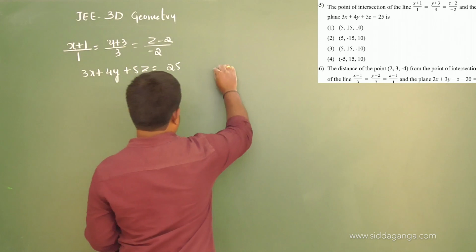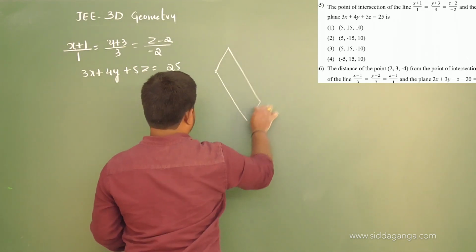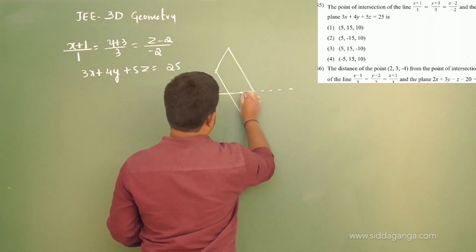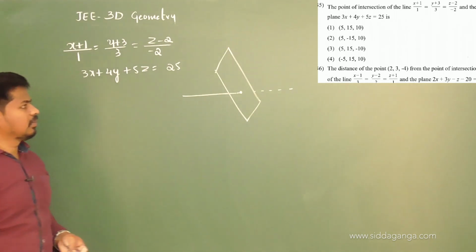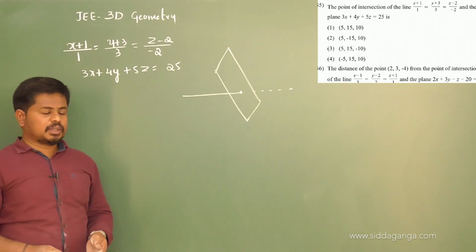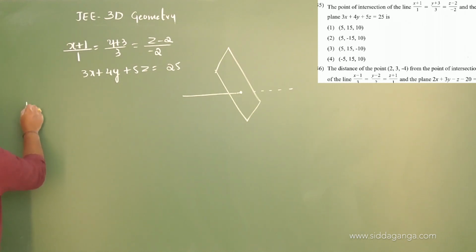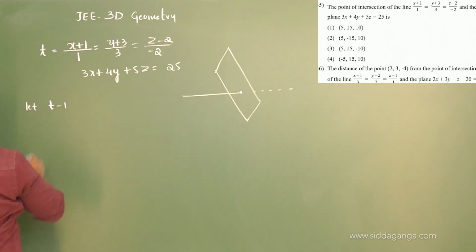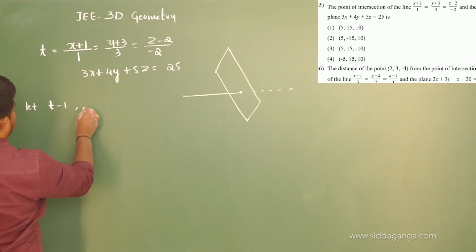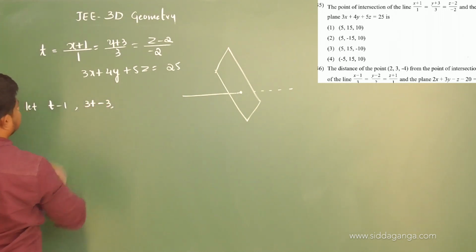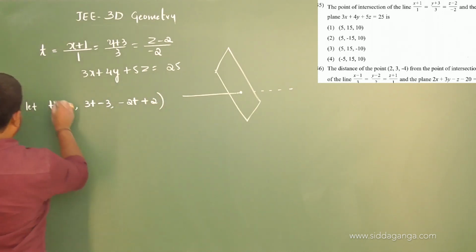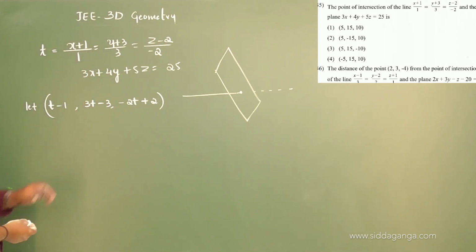Okay, for example, like this. This is a plane. This is your line. This is what we call the point of intersection. So let me take t minus 1, because this is equal to some t, and 3t minus 3, and minus 2t plus 2 be any point on the given line, because it satisfies the given line.